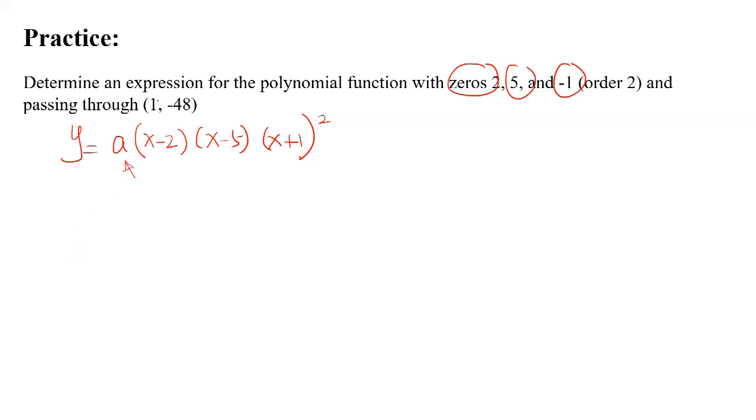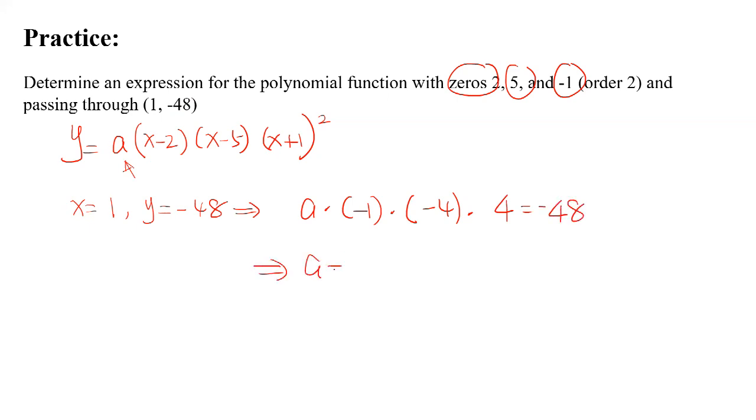We know that it passes through (1, -48), so that means when x is 1, y is -48. This gives us a times -1 times -4 times 2 to the power of 2, which is 4, equals -48.